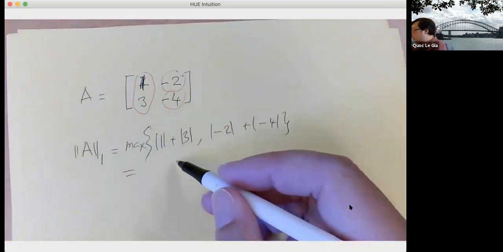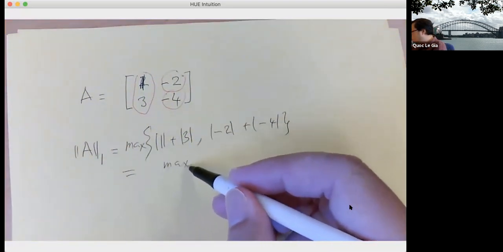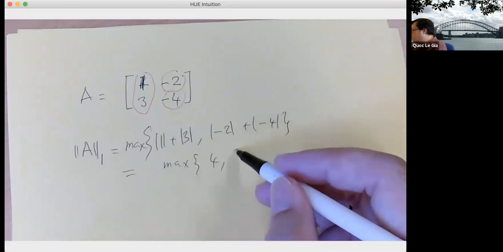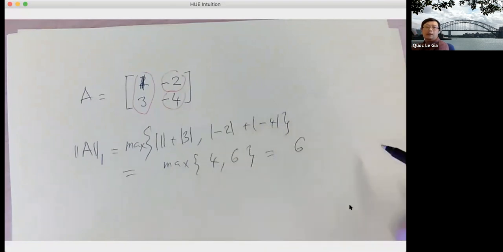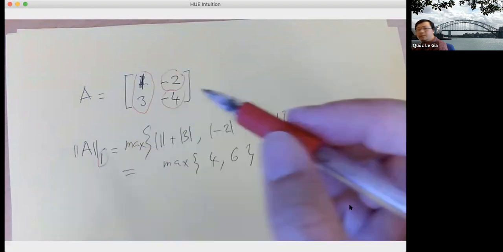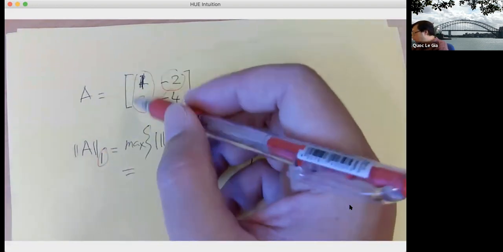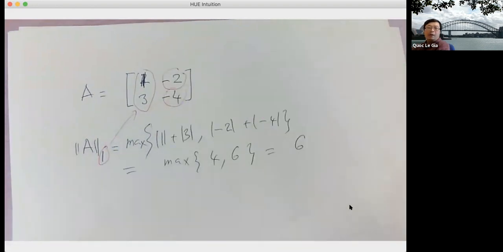So this is just the max of 4 and 6, so it just equals 6. Okay, so remember the number 1 here, it just looks like the column. So that is how you remember.